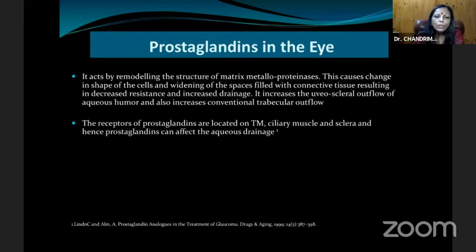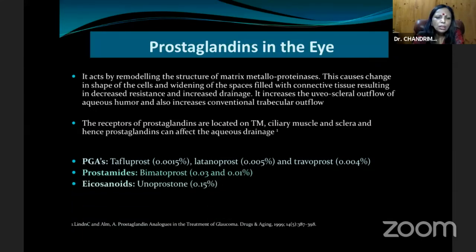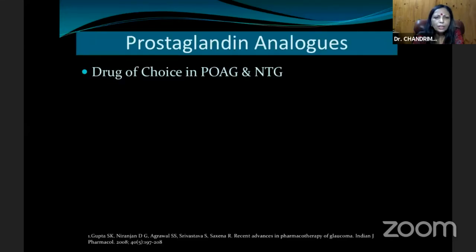The receptors of prostaglandins are located on the trabecular meshwork, ciliary muscle, and sclera, and hence prostaglandins can affect the aqueous drainage. So the PGAs, as I said, tafluprost, latanoprost, and travoprost are the esters, and the amide, the prostamide, is bimatoprost. Of course, unoprostone is not available in our country.